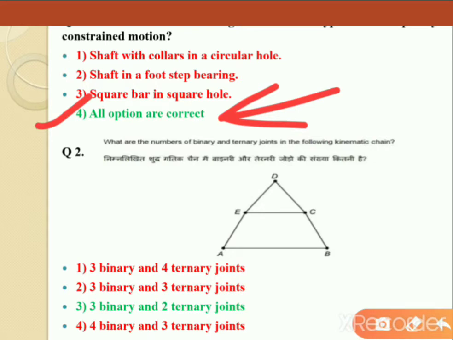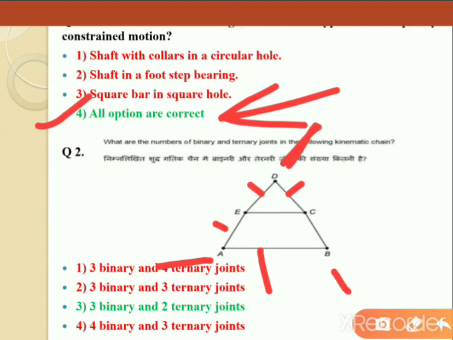Let's come to question 2. What are the number of binary and ternary joints in that kinematic chain? Here you can see for pair D, two links are there, those are the two links connected to point D, so D is a binary joint. Also at A, two links are adjacent to point A, so it's also a binary joint.